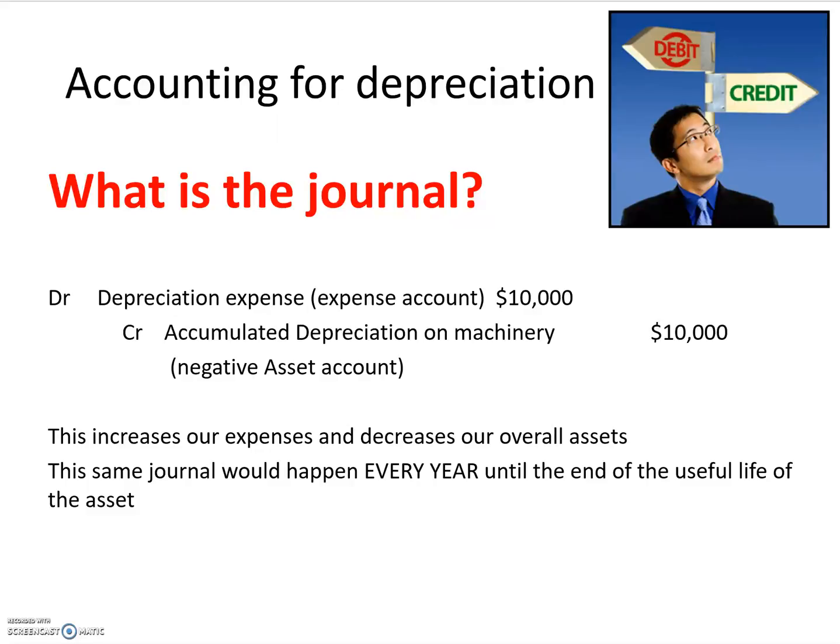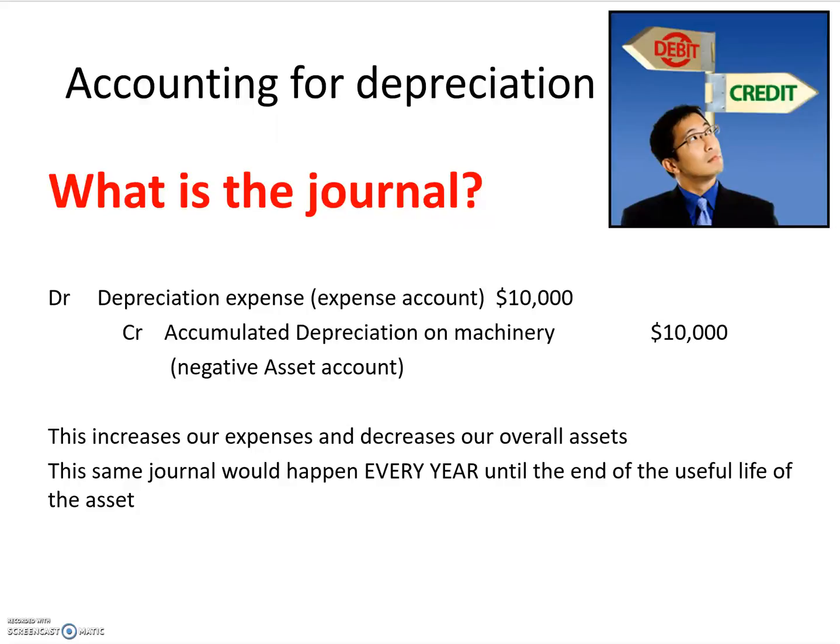And we credit what's called accumulated depreciation on machinery for 10,000. Now there's a couple of important things to think about here. You can see I've written in the bottom that's a negative asset account. So what we're doing with that is reducing the amount of the asset value. But because depreciation is only an estimate, because we're working with estimated values, we never put it straight into the actual asset.